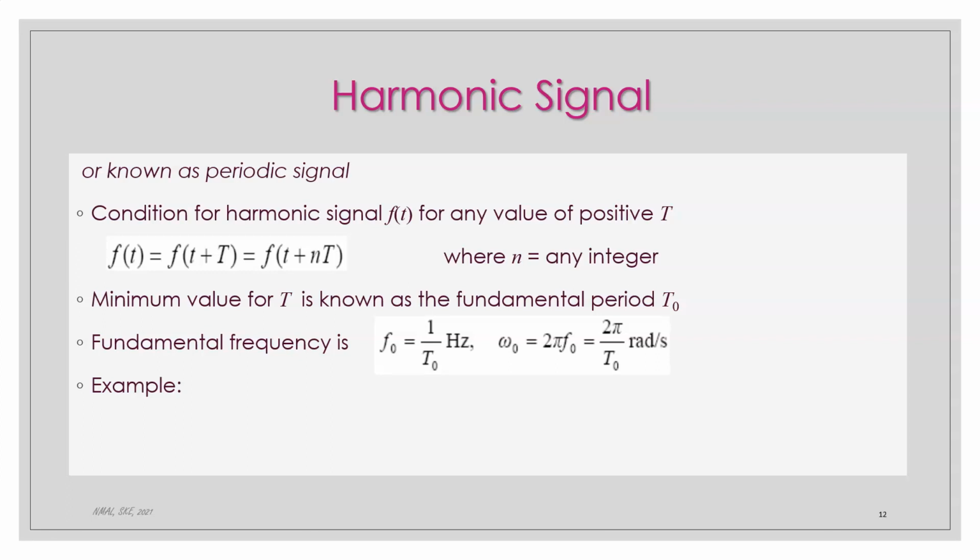The condition for harmonic signal f(t), for any value of positive t, it has to fulfill this condition: f(t) is equal to f(t plus capital T). So t here means the current time, and the capital T here means the duration of the signal. It also needs to be equal to f(t plus nT), so n can be any integer.